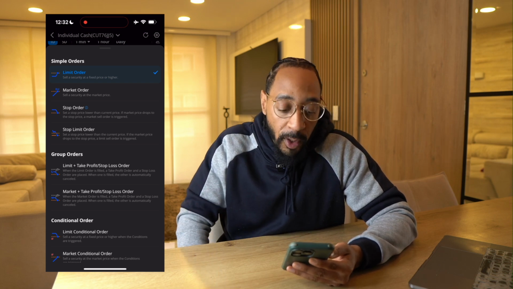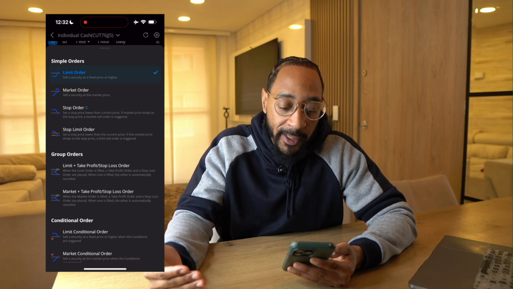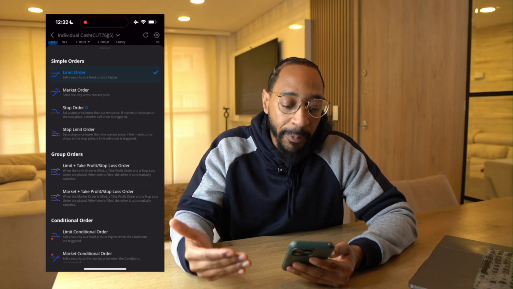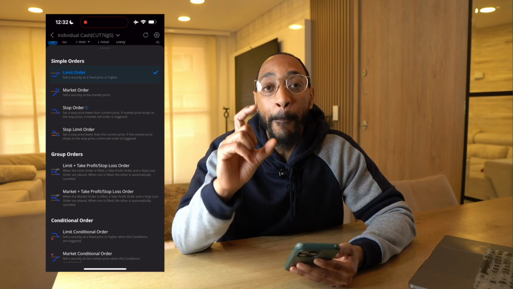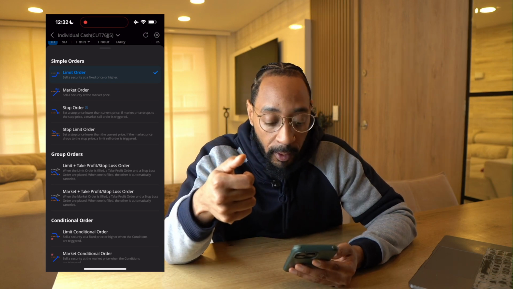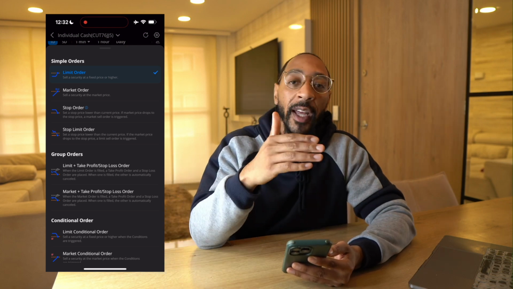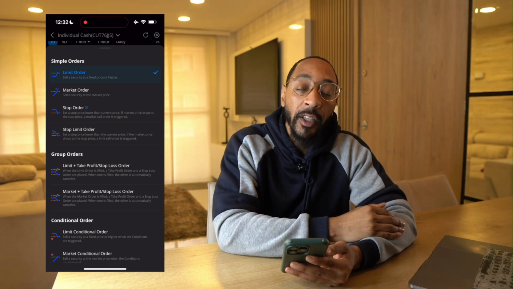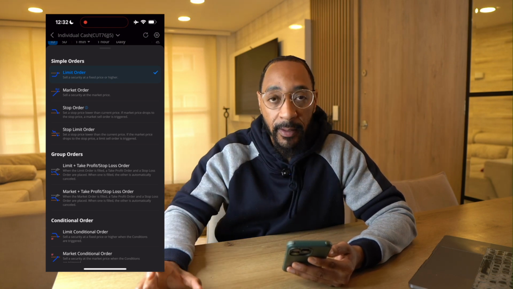On a stop order, it says set a stop price lower than your current price. If the market drops to the stop price, a market sell order is triggered at market. Okay? Keyword is a market order. So the same way I told you that a market order is you're going to get filled at whatever price is available. That's what a stop order is.